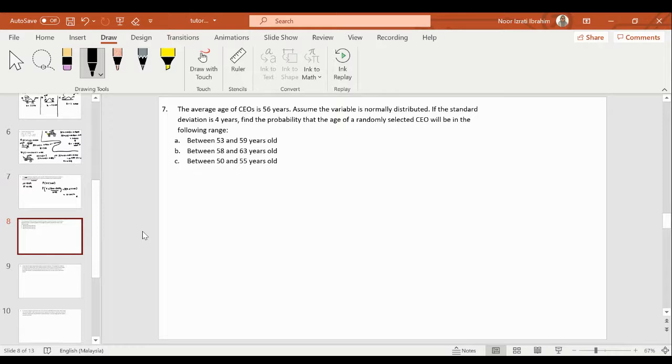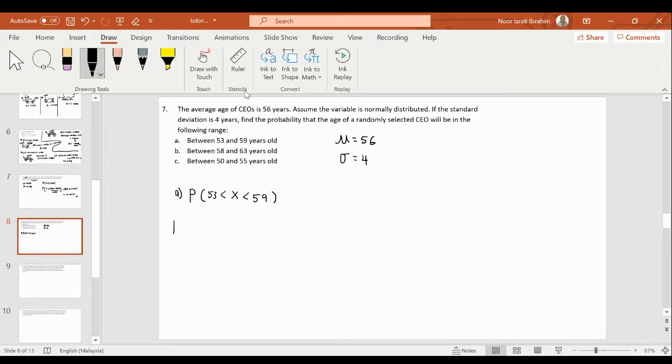Question 7, we have 3 questions here where the average age of the COO is given as 56, which means the mean is 56. Assume that the variable is normally distributed, the standard deviation is 4 years, sigma is given as 4 years. Find the probability that the age of a randomly selected COO will be in the following range. For A, we want to find the probability when x is in between 53 and 59.